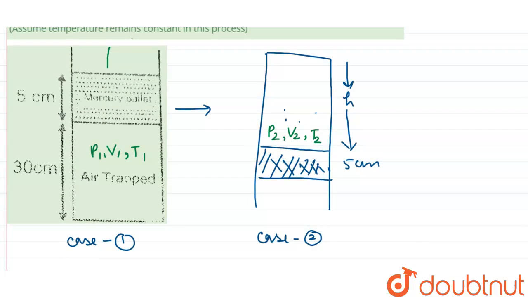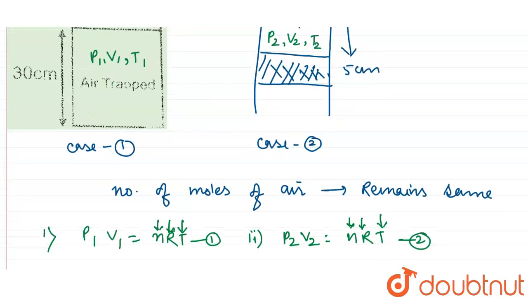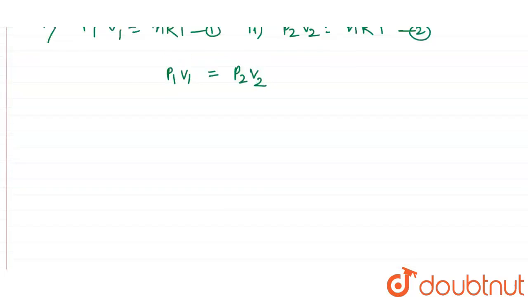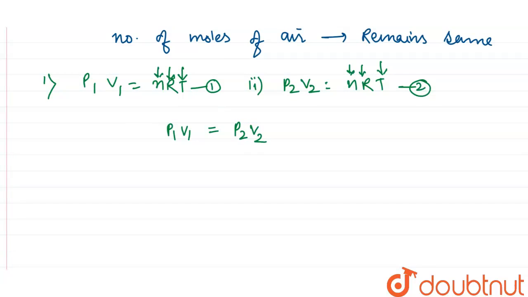We have to find out the pressure, and the pressure is, just look at this condition, the pressure on the mercury pellet applied by the atmosphere, that is P atmosphere. Let's name it equation third.